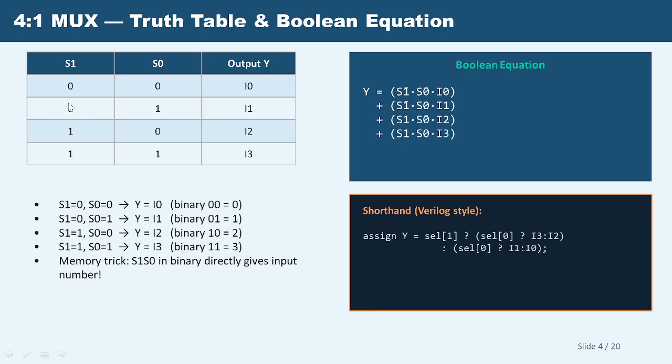Now select line 1 is false, and false means it goes to this line. Here we have select line 0 as 1, so it checks the ternary condition. Select line 0 is 1, so it's true, and if it becomes true it will go to I1.